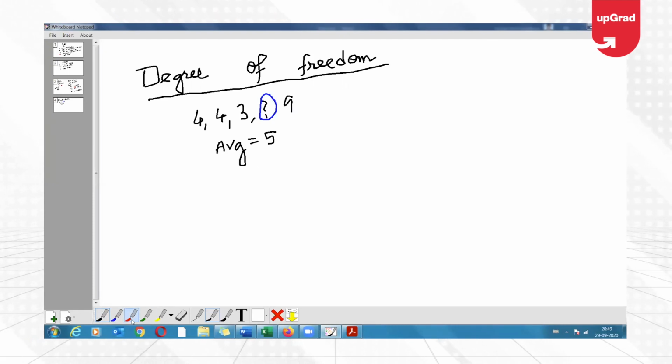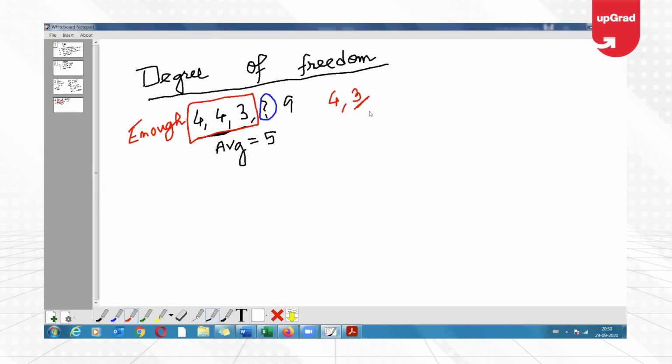So as you can see, knowledge about these 3 numbers was enough for me to derive the 4th number, as long as I know the average or some metric. Average actually works in most scenarios. So in this case, out of 4, knowledge about 3 observations is good enough.